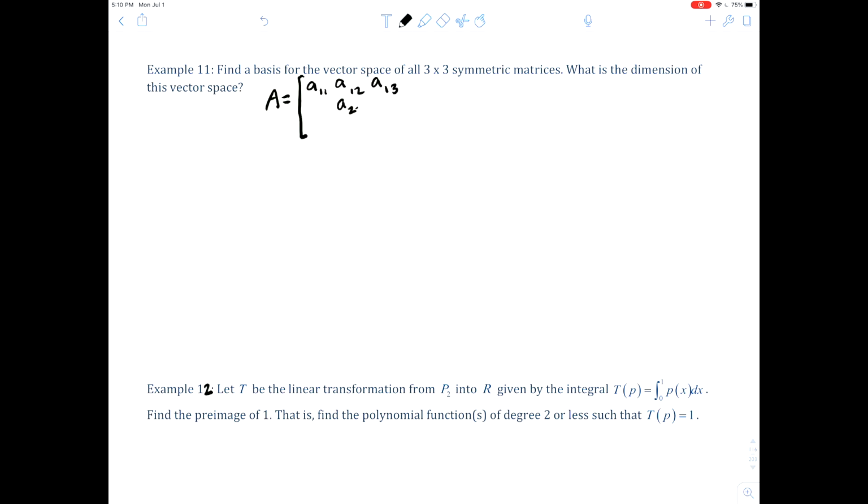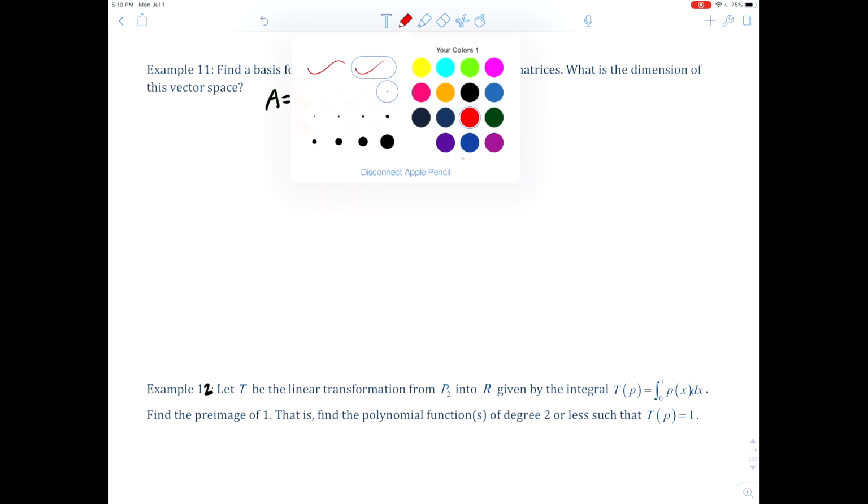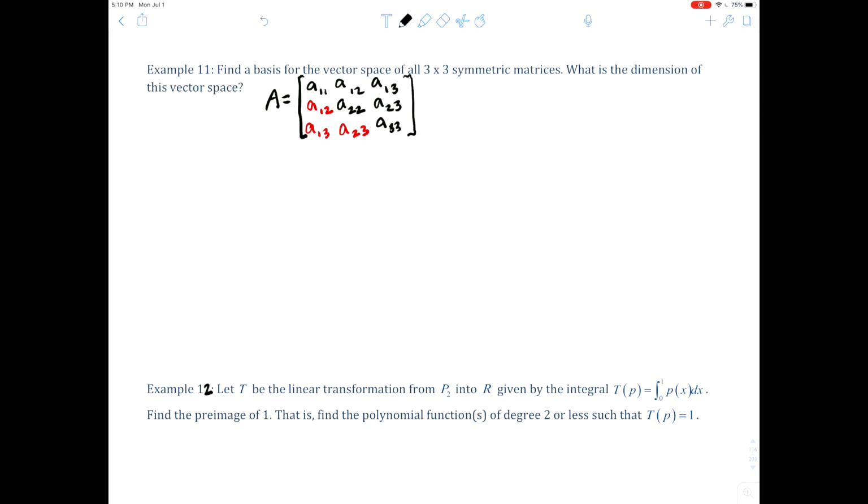I mean, the A22 and the A33 are good, right? And this would be A23. But for symmetry to happen, don't we need to have that mirror image thing going on? So this here would be A12. This here would be A13. And then we'd have A23 in order to satisfy symmetry. Okay?